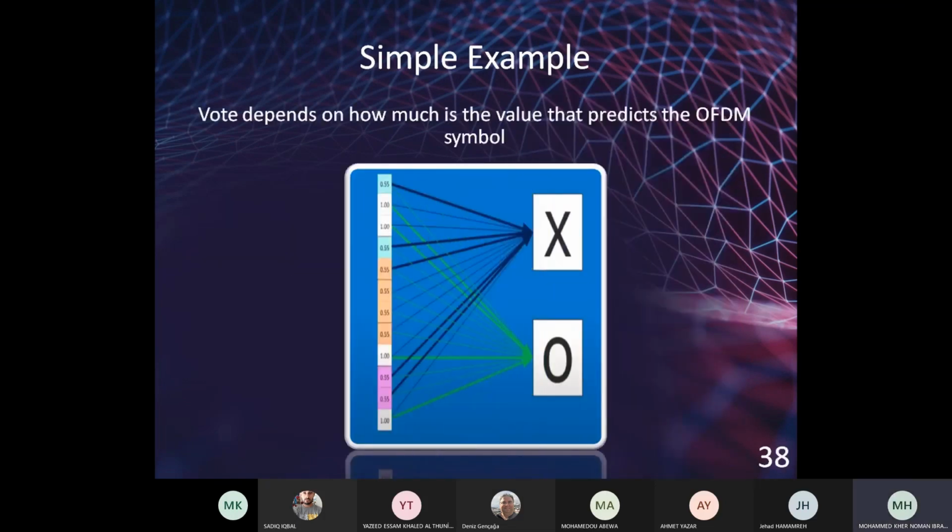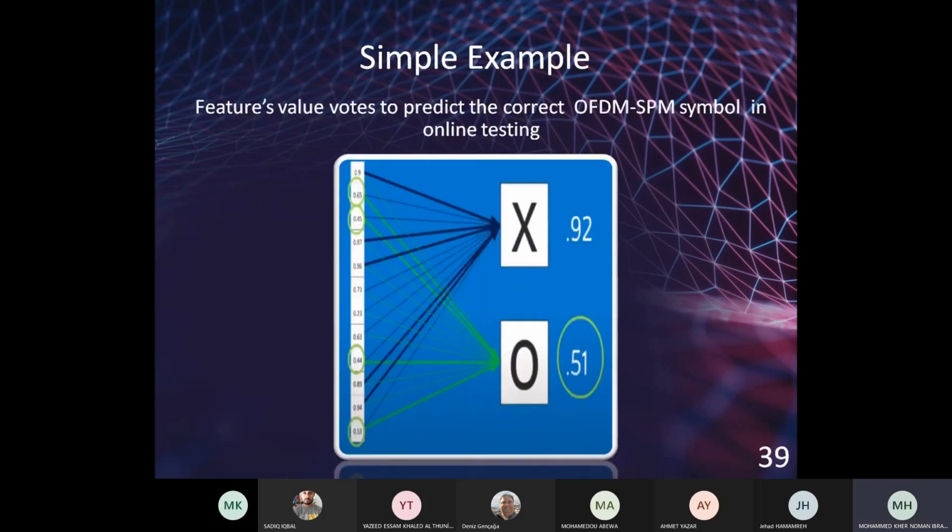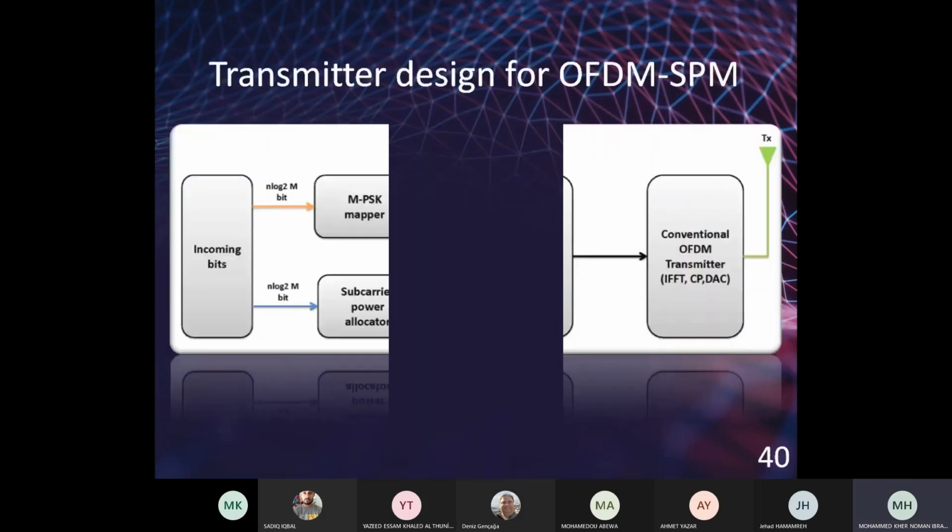Here the vote depends on how much value predicts the OFDM symbol. This example is only to show how I apply OFDM samples in CNN methods.